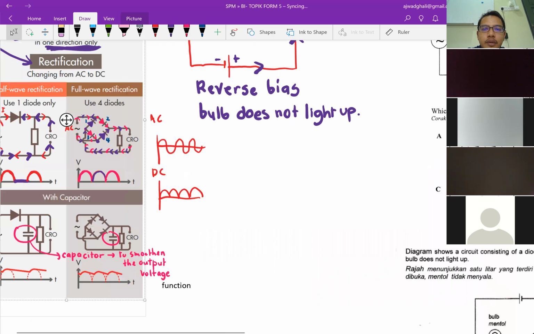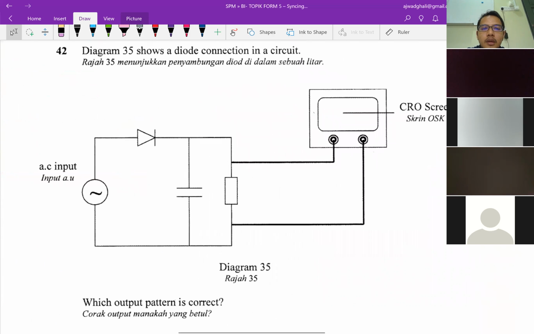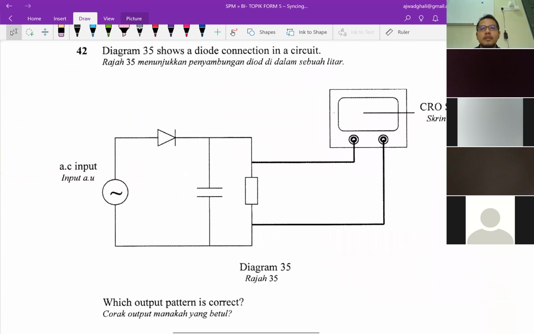Okay, we go to here. All right. If you see this, my first question is: is it a rectification process or not? Okay, so is it rectification or not? Okay, yes, right. So Aina, Patricia said yes.